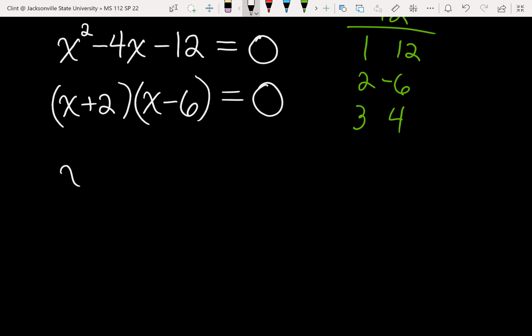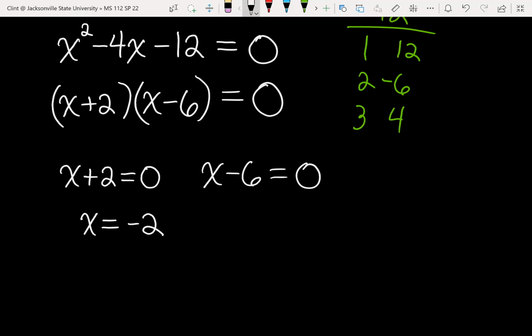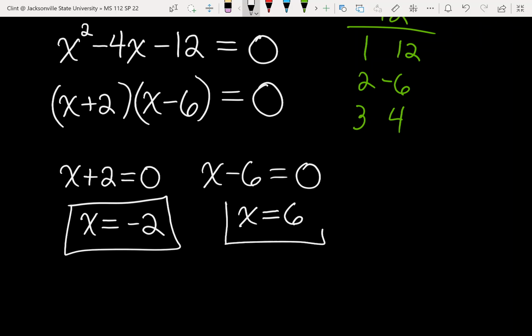Only way that happens is if the first one is 0, or if the second one is 0, or it could be both. Subtract 2 from both sides. Get one solution, it's negative 2. Add 6 to both sides. Get our second solution is positive 6.